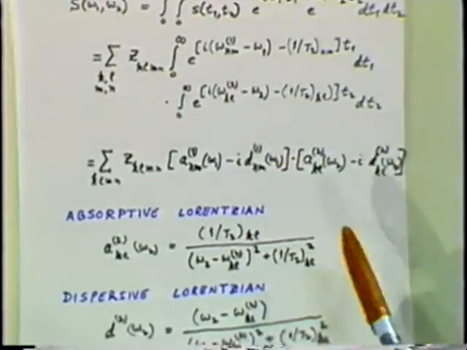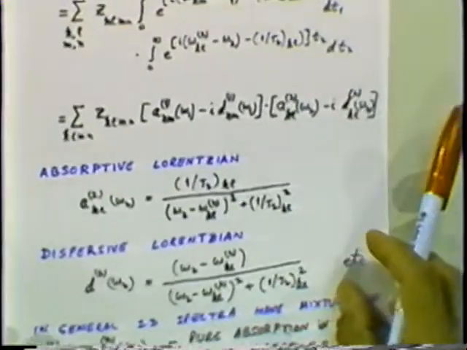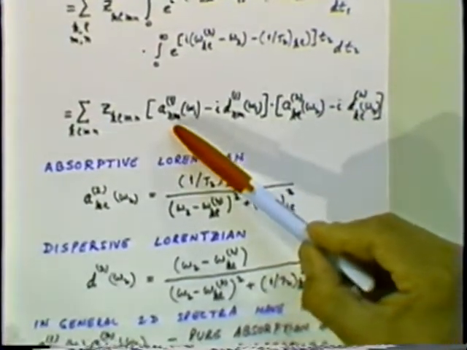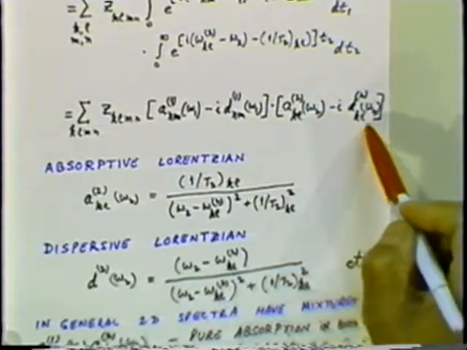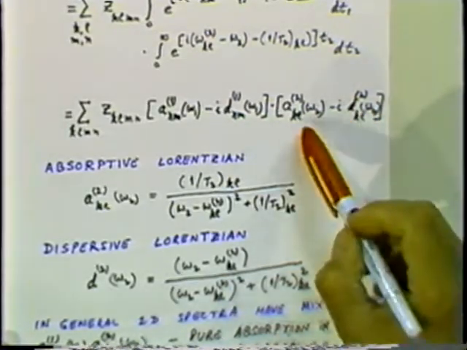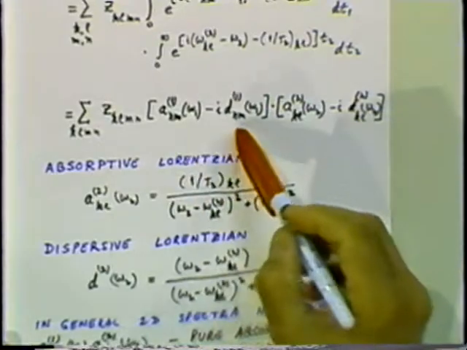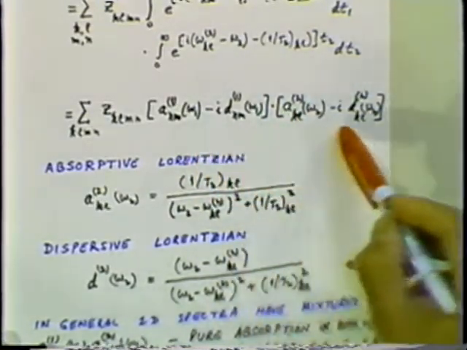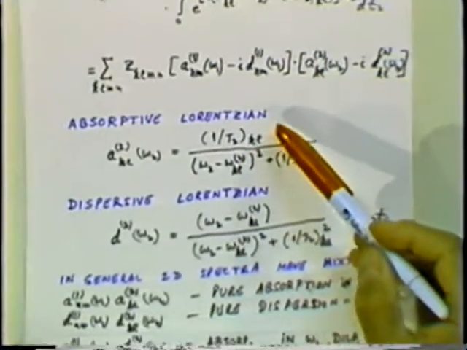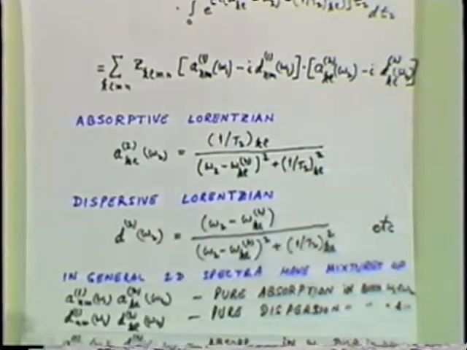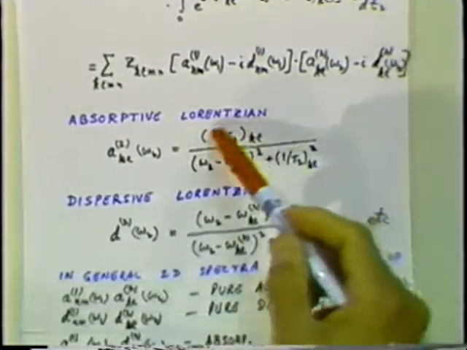When I do the Fourier transform, we get what's called an absorptive signal minus the dispersive signal, absorptive and dispersive in frequency domain omega 1 and omega 2, where A is the absorptive Lorentzian, because this is an exponential signal. Its Fourier transform is a Lorentzian, which is given by this.